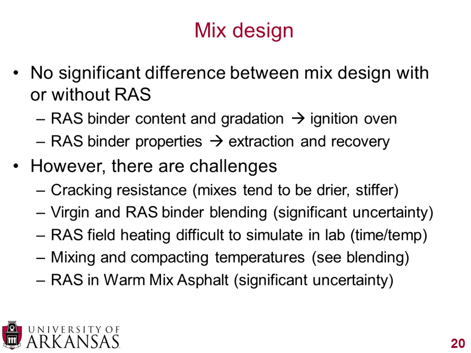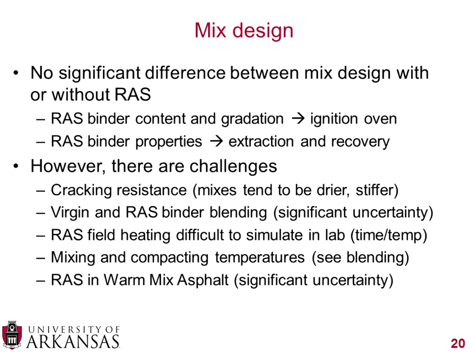Obviously the RAS gets heated up partially during the manufacturing process, but then when it comes in contact with the fully heated aggregate and the asphalt cement, we're not sure how much it actually blends together. In the lab, it's very easy to heat up asphalt cement, add the RAS, and then just continuously stir and stir and stir to make sure it's fully blended. But in a plant, you have a lot less contact time.